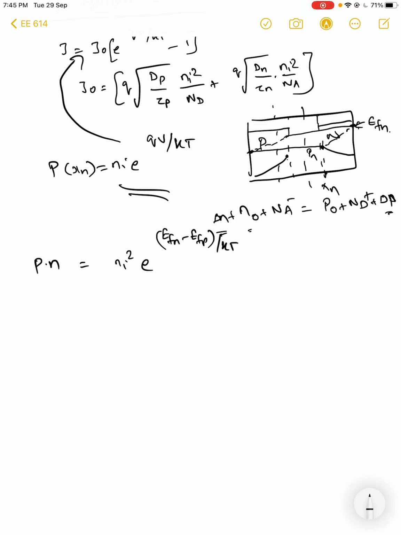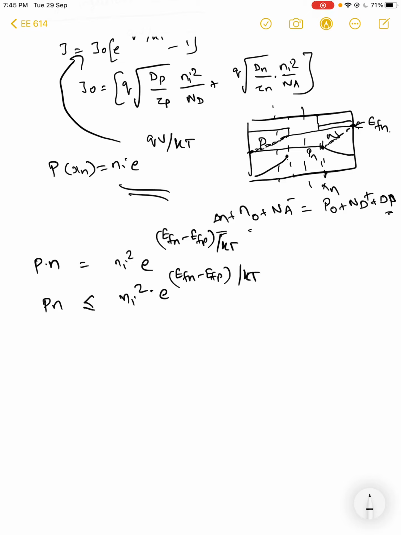At any point in between, you see that you can have a sloping EFP here, EFN here, and an increasing slope EFN here, right? So the general condition for this equation is basically pn is lesser than or equal to ni square e power EFN minus EFP by kT.